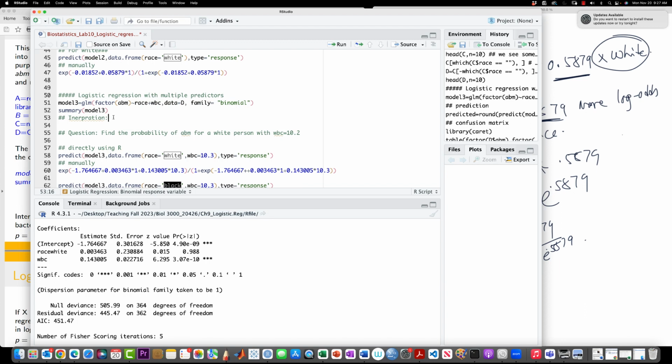To interpret the result, let me write down the equation first.